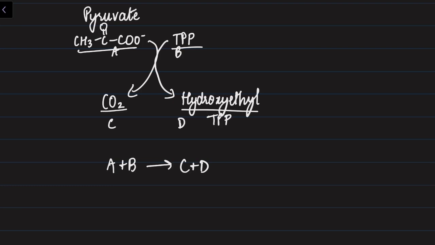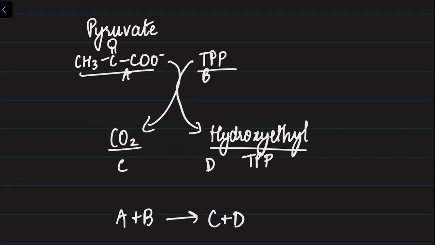So pyruvate plus TPP or thiamine pyrophosphate is giving carbon dioxide plus hydroxyethyl TPP. If you want to get more into detail, this CO2 is probably being knocked off and this ethyl part is joining with TPP to yield CO2 and your hydroxyethyl TPP.